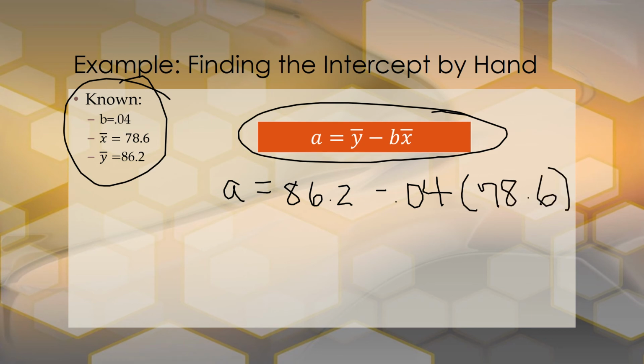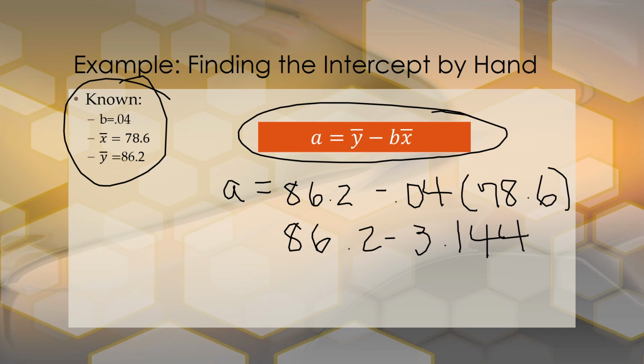So let me put this in my calculator, and we're going to do order of operations. So I'm going to do the multiplication first. I'm going to do 0.04 times 78.6, and I get 3.144. And then we need to do the rest of it. So we're going to do 86.2 minus 3.144.